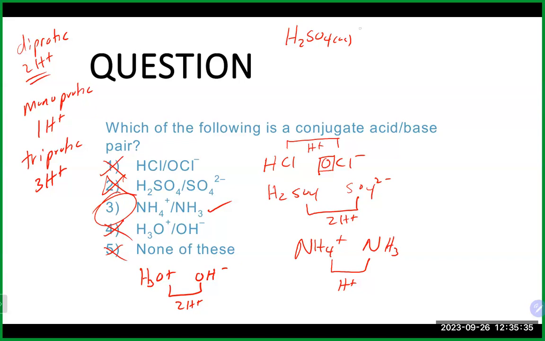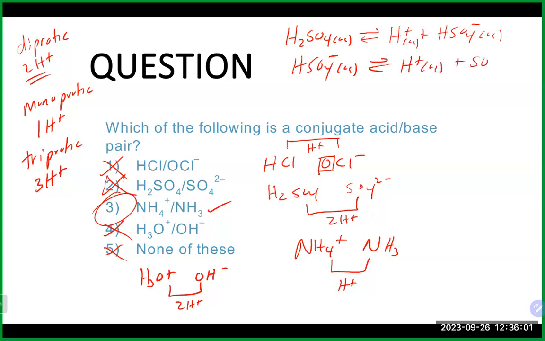So the first thing that would happen is, for example, we would lose 1 H plus, and then we would have HSO4 minus. Then our HSO4 minus will lose another hydrogen and become SO4 2 minus, right?